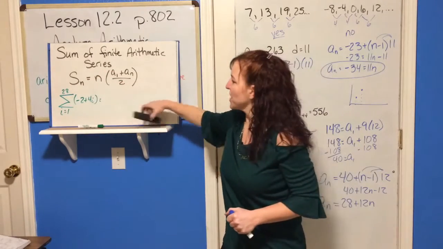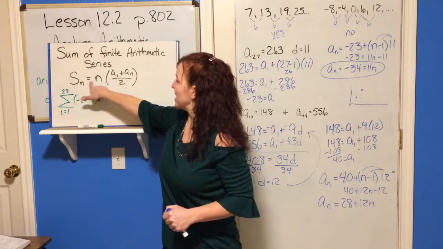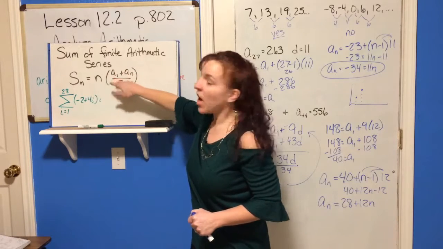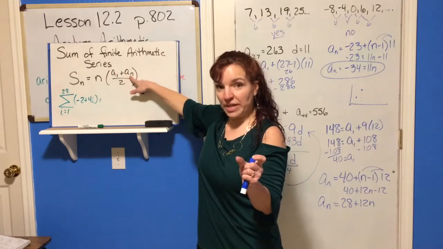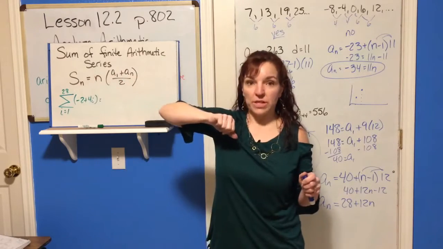This part is really simple. The sum of a series is going to be the mean of the first and last number in your series, times the number of numbers in your series.